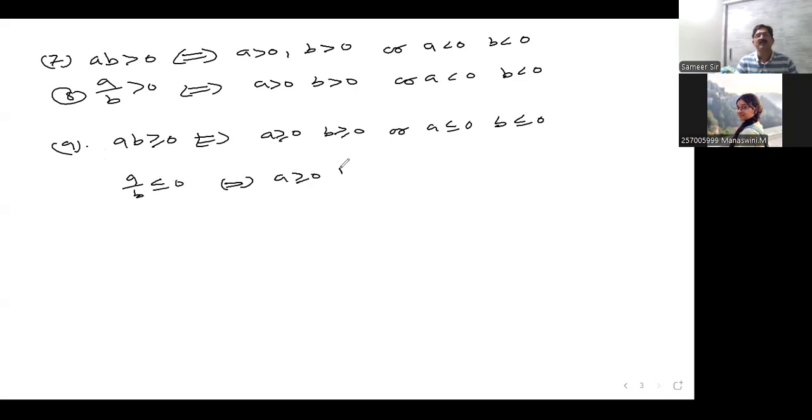A can be greater than or equal to 0, but B cannot be 0. B is greater than 0 only. Or A is less than or equal to 0, B is less than 0. B cannot be 0. Is that clear?